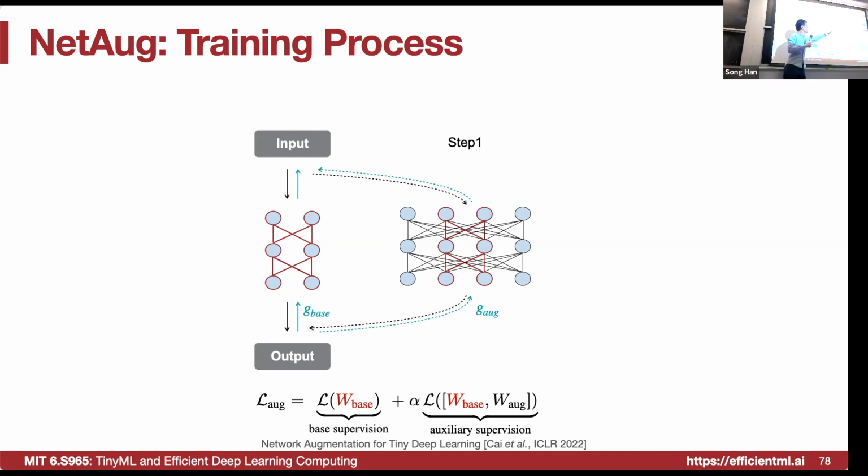Okay. So this weight not only acts as a weight in this neural net, but also acts as a weight in this neural net. It's going to get two copies of gradient, one from the base model, one from this augmented model. Okay, we are going to sum these two gradients together, using this alpha to control the ratio, to get some auxiliary supervision besides this base supervision.